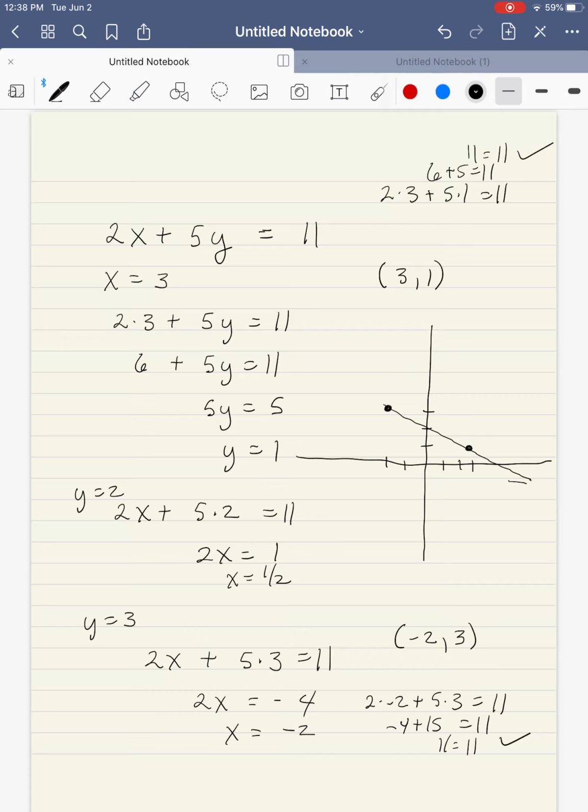And then I can graph. And it looks kind of like it's going right here through the point (0, 2), but it's not. That is not right at (0, 2). It's a little bit off of (0, 2).